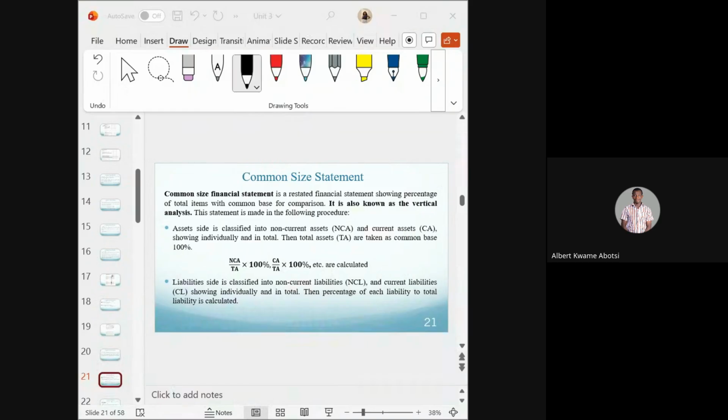Yes, madam. So when we say common size analysis, what comes to mind? Yes, Abuchi, I'm listening. Common size analysis. Who is also from Fiasiman?